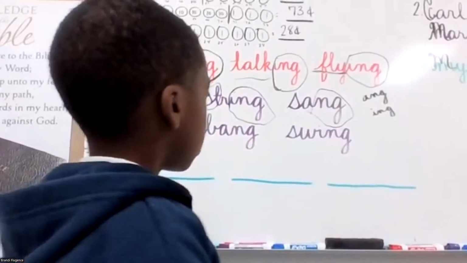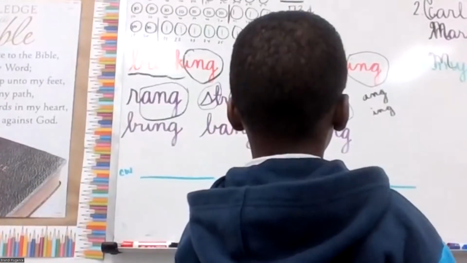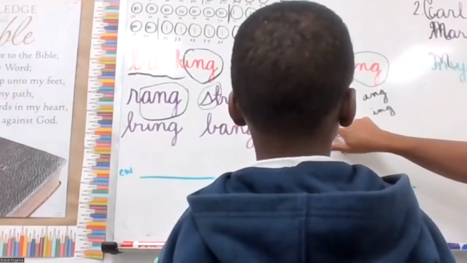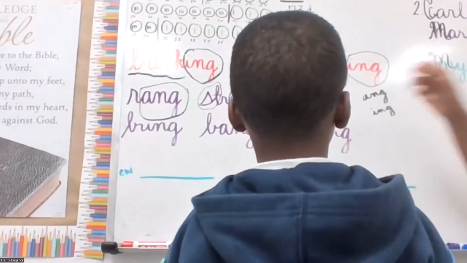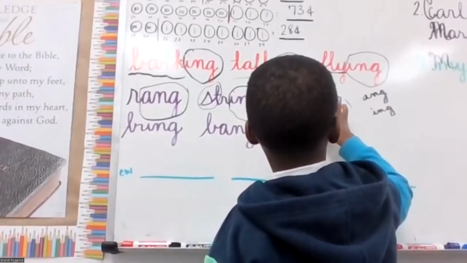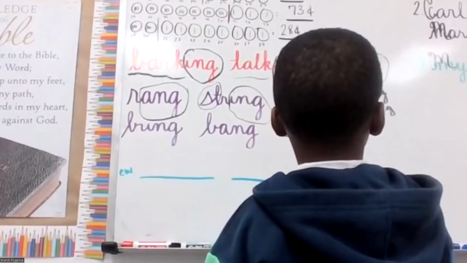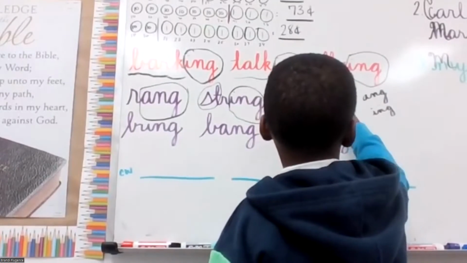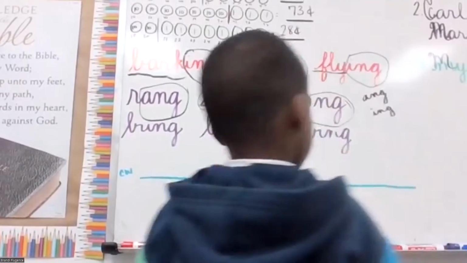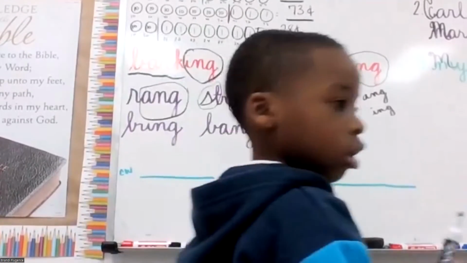Look at it again. Look, I wrote the sounds right here. So go back and look at it again and circle the correct sound. Like this. Oh, okay. A-N-G, ang. What's the word? Sang. Sang. Next one.